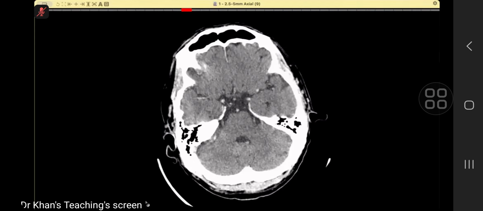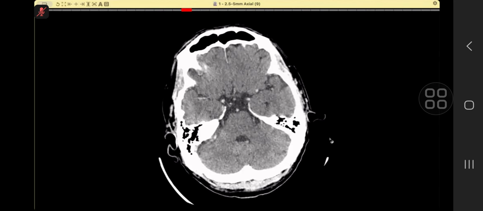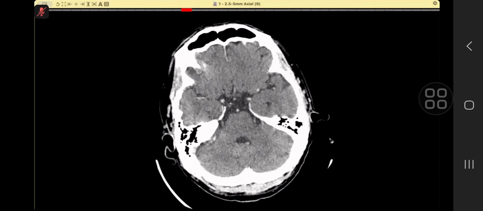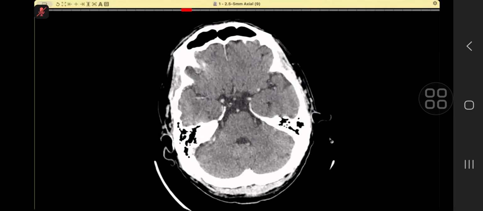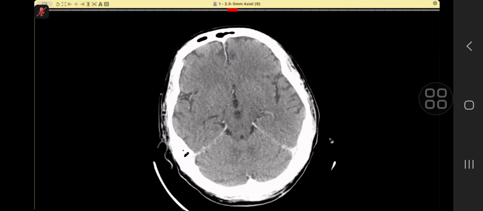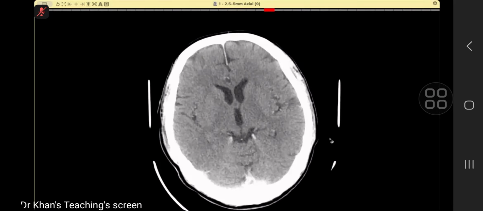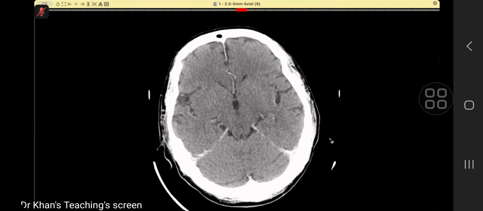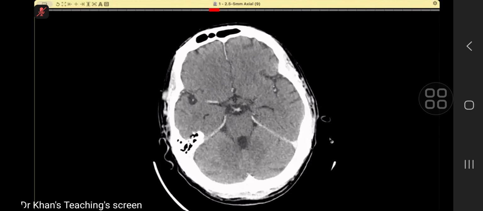So over to you. Now, this case is a 76-year-old, and it was rule out stroke. The clinicians actually asked for a CT as well as a CTA. So this is the CT part of it.